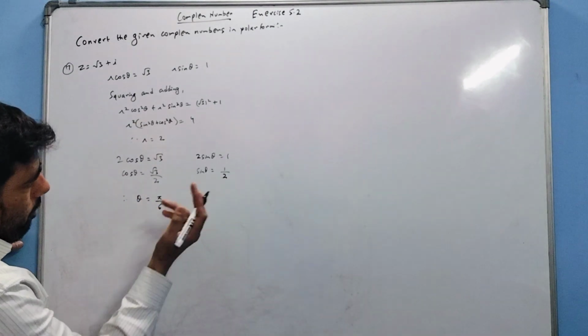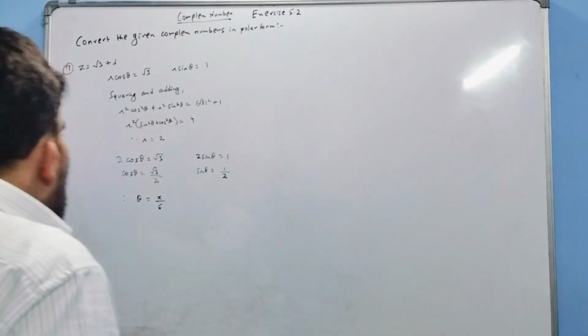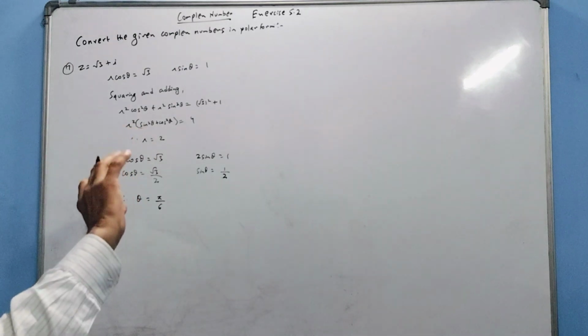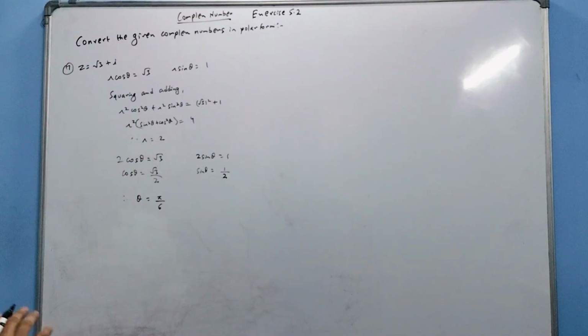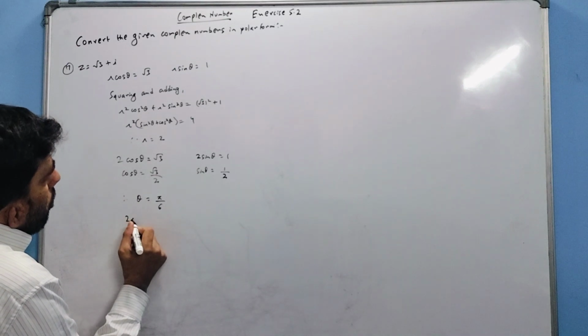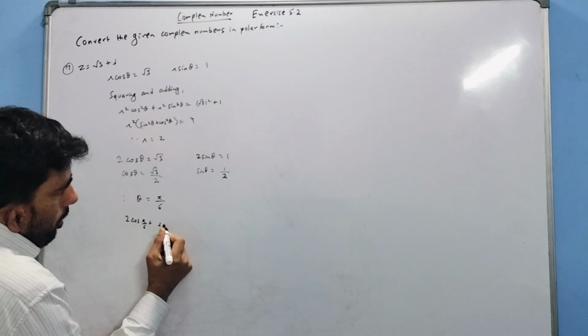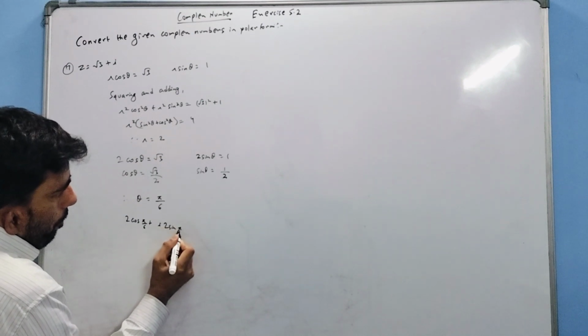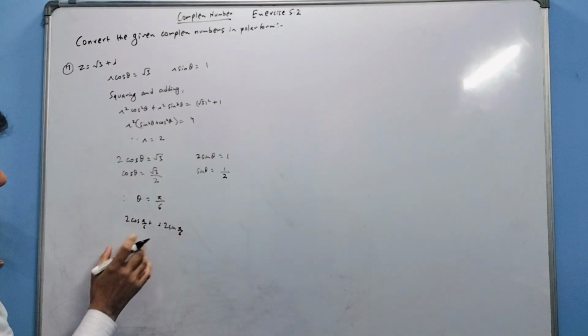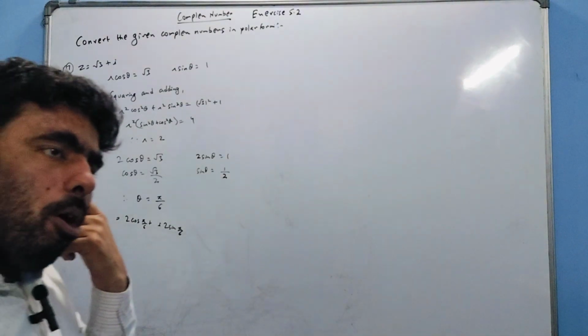Sine 30 is half and cos 30 is root 3 upon 2. Now we have found both the values. Now we'll try to write its polar form. So it will be 2 cos pi upon 6 plus i 2 sin pi upon 6. Okay, so that is what we have found, the polar form of the given complex number.